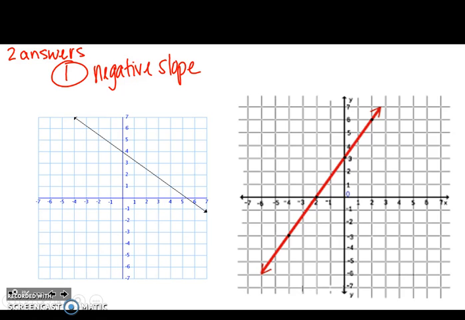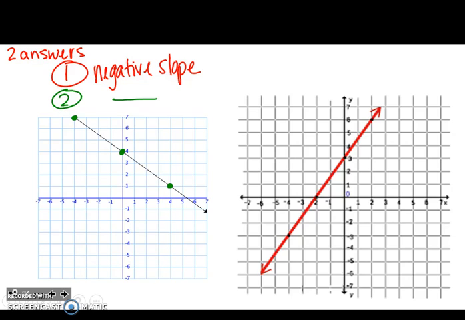Then you need to actually calculate the slope. So you need to find your perfect corner points on each graph. Here's one. There's one. There's another one. And that's it. So there are 3 on this one. Then we actually need to give our rise over run answer.